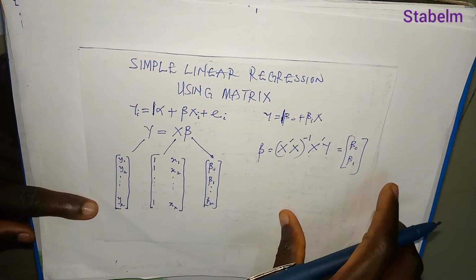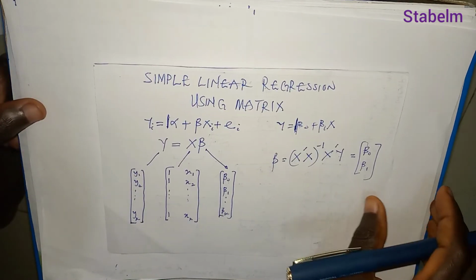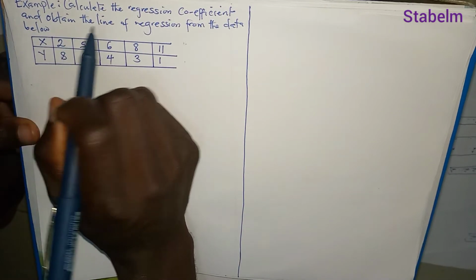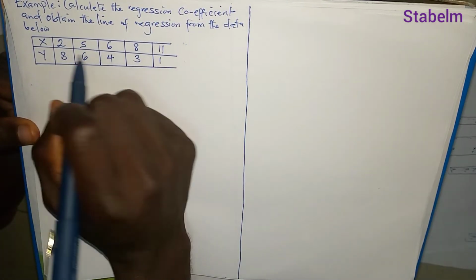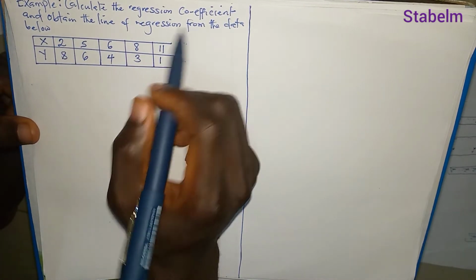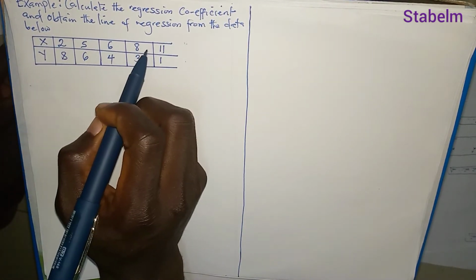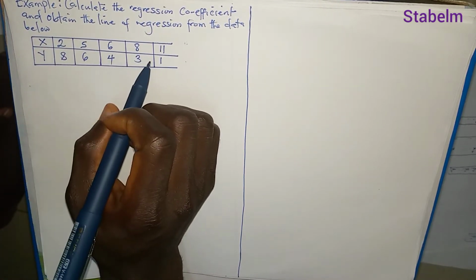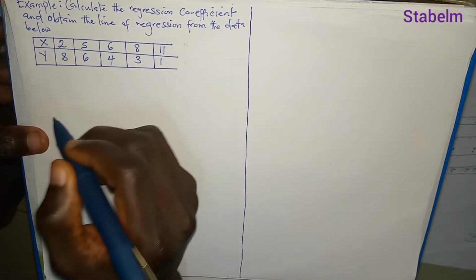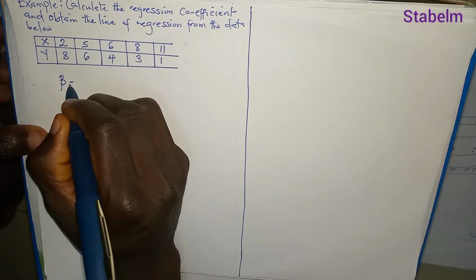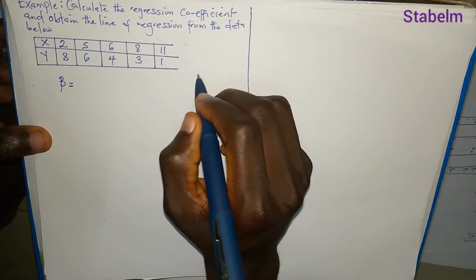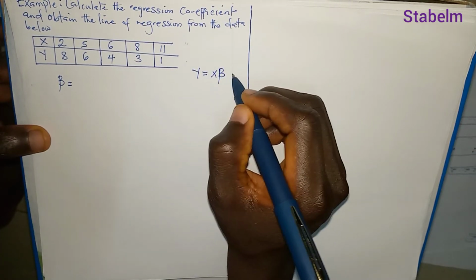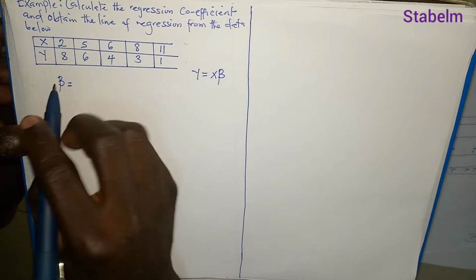Now let's look at an example in order to understand this beta. So we're going to use this example: calculate the regression coefficients and obtain the line of regression from the data below. So we have an x row and a y row. Those are the values of x and these are the values of y. If you remember, the coefficient of our regression, we said y equals x beta.